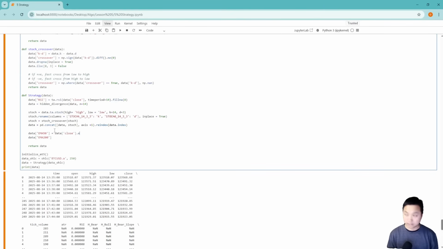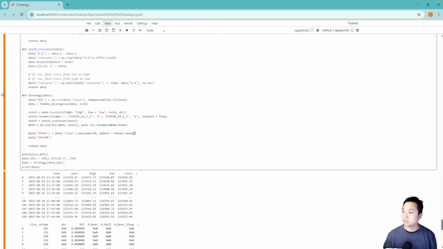The built-in function is ewm, and the span is just like the period, or the number of bars that you would like to use. For example, span equals 15 calculates over the last 15 periods, giving more weight to recent prices, which is what an exponential moving average does. Then adjust equals false, and then calculate the mean.